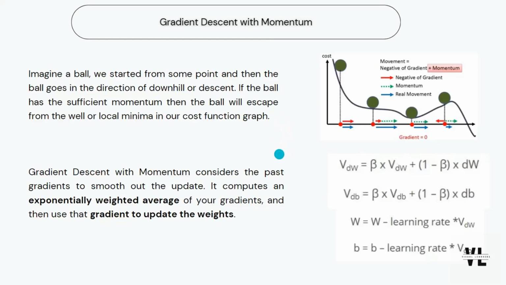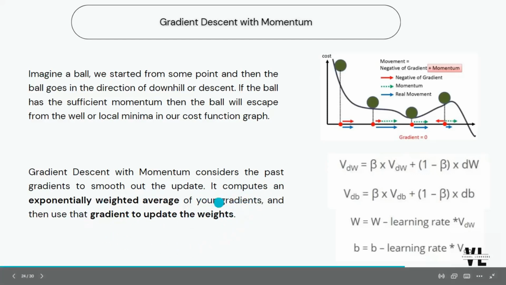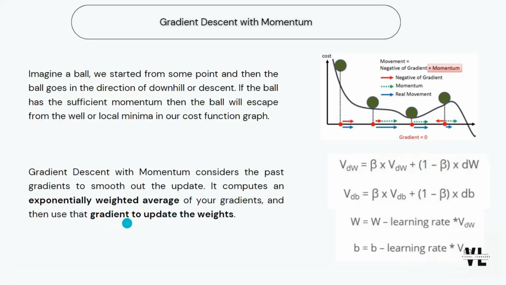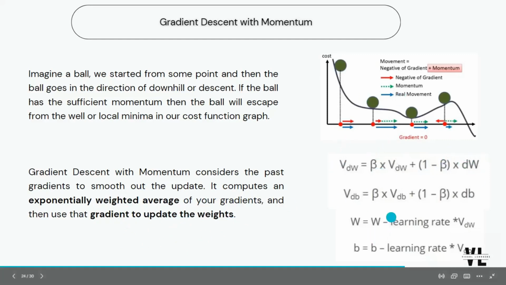That's basically the formula for the exponentially weighted average. It computes an exponentially weighted average of the gradients and then uses it to update the weights. Instead of using just the currently computed gradients, we have to assume the previously computed gradients by using exponentially weighted average and add them to adjust the parameters.